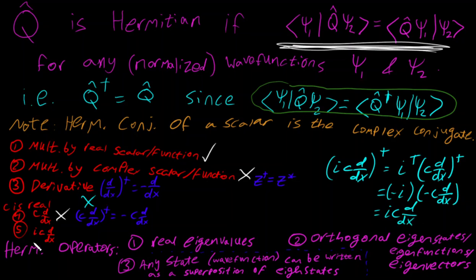Turns out I times some constant times the derivative is a Hermitian operator, and this is going to be very, very important.